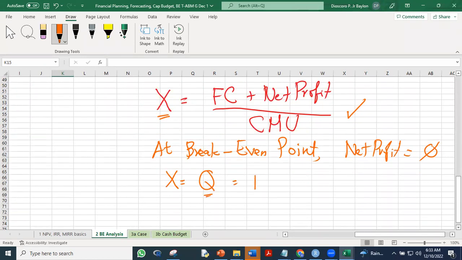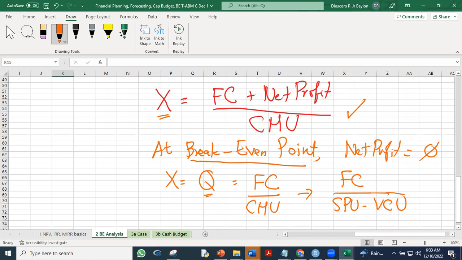And it's equal to fixed cost, okay, divided by your contribution margin per unit, okay, which is fixed cost divided by selling price per unit minus variable cost per unit. Okay, so this is the formula for us to compute the break even, the level of production, the level of sales where our net profit is 0, and it's called break even.